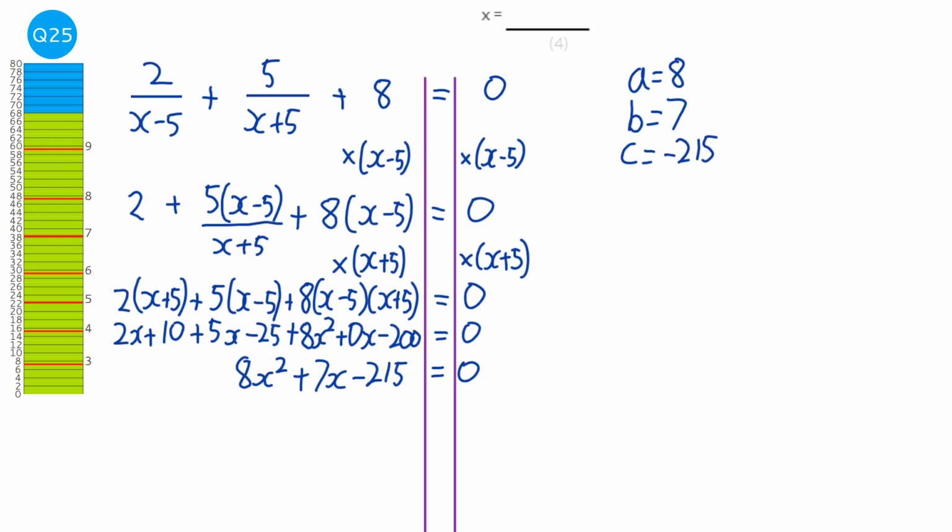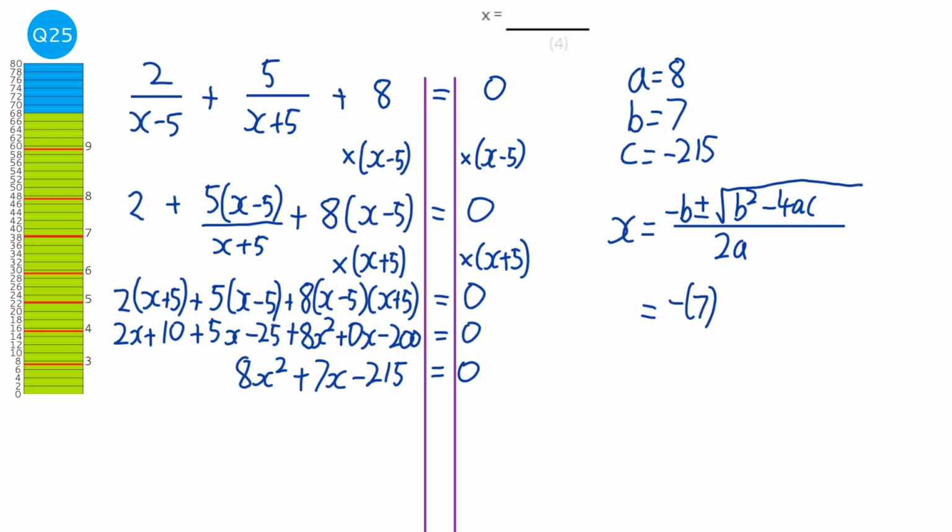So the quadratic formula is x equals minus b plus or minus the square root of b squared minus 4ac, all of that over 2a. So what we're going to type into our calculator will be minus bracket 7.